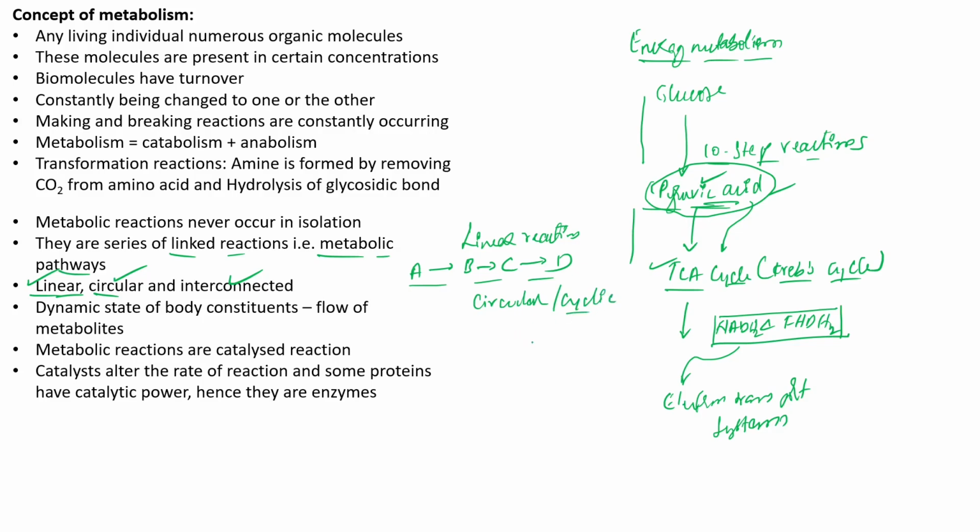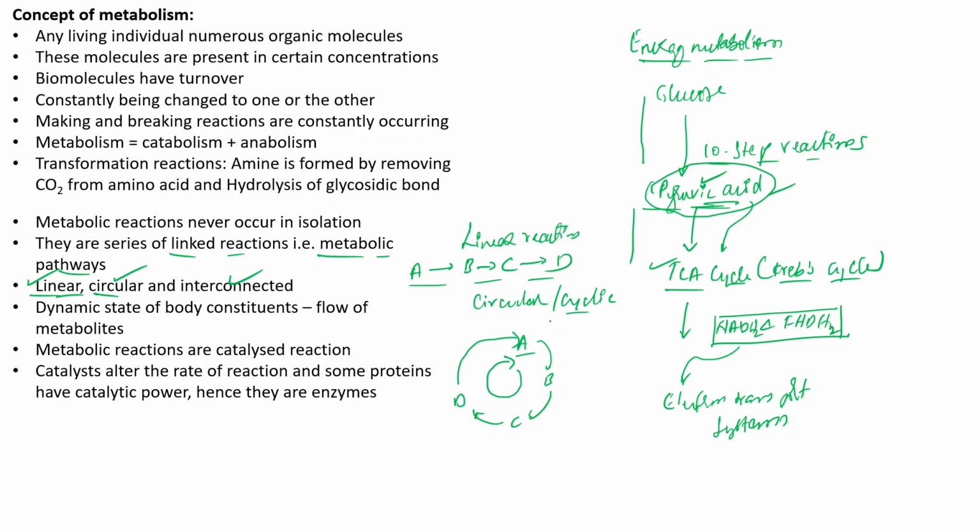For example, A gives B, B gives C, C gives D, and D comes back and results in the formation of A again. These we call circular or cyclic metabolic reactions. There is no specific rule that the reactions should occur only linearly or only circularly.